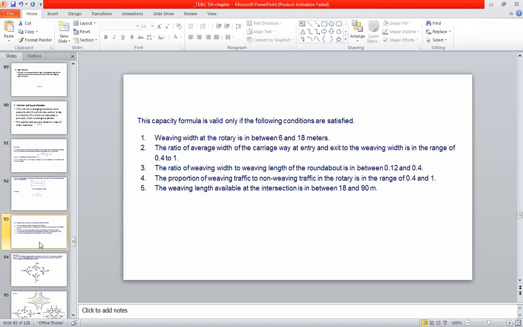And there are some norms for when to use this formula for capacity.